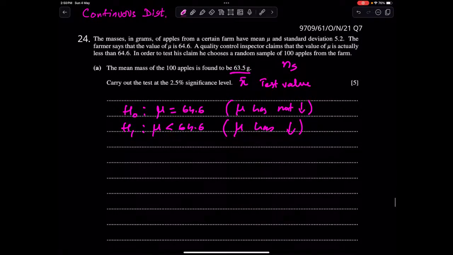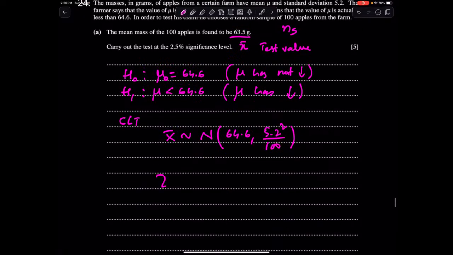So distribution is unknown. So according to CLT, distribution of X bar is normal because n is large. So mu naught is 64.6, variance 5.2 squared over 100.